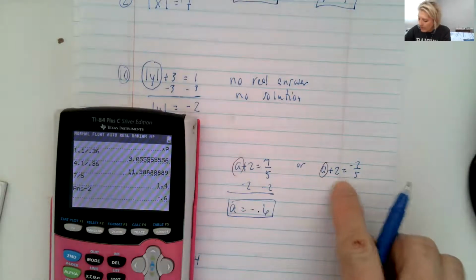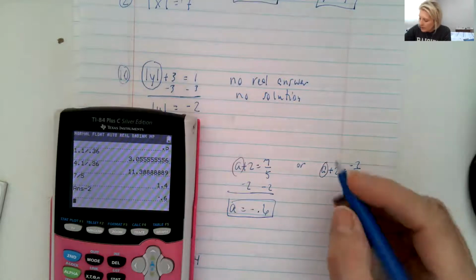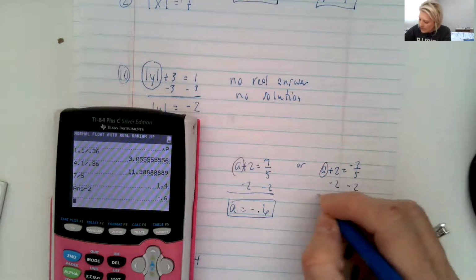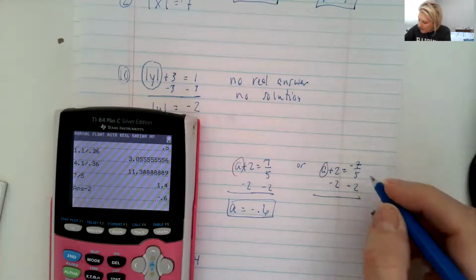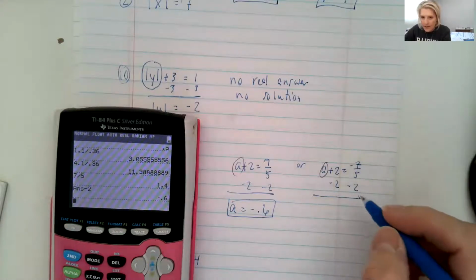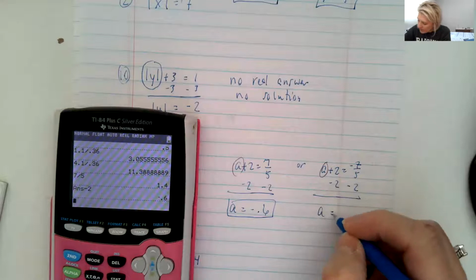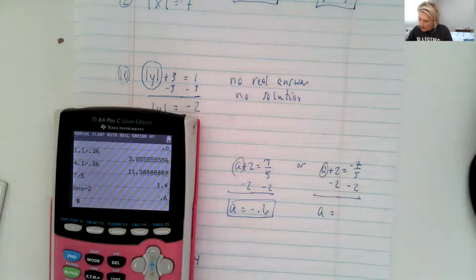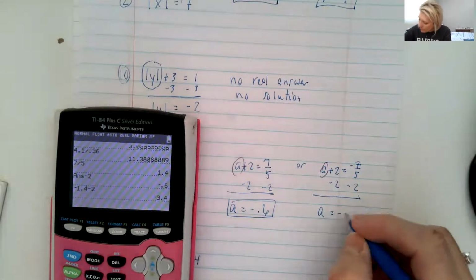Or over here, we're also going to subtract 2. So it's a negative 7/5 and a negative 2. That negative 1.4, which is what 7/5 is, minus 2 gives us a negative 3.4.